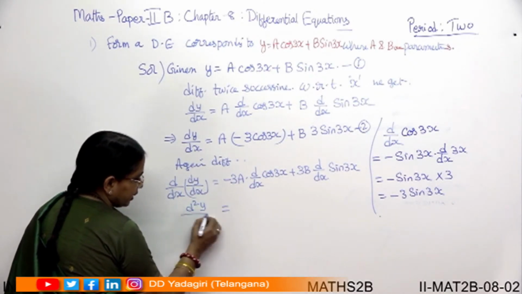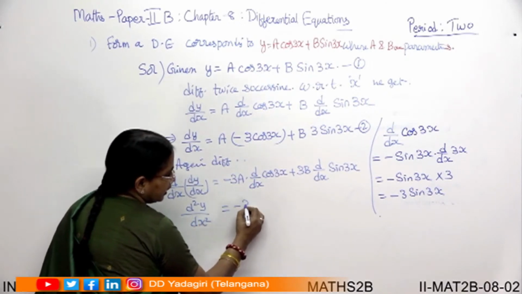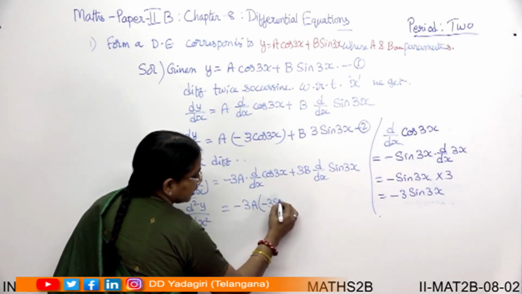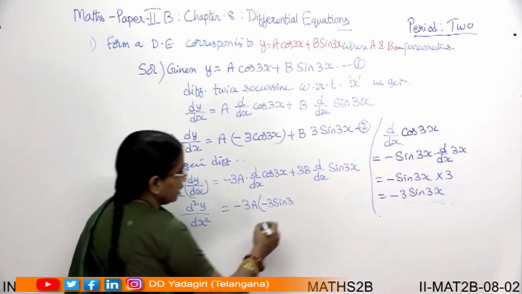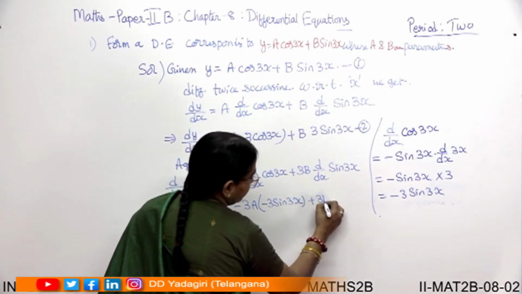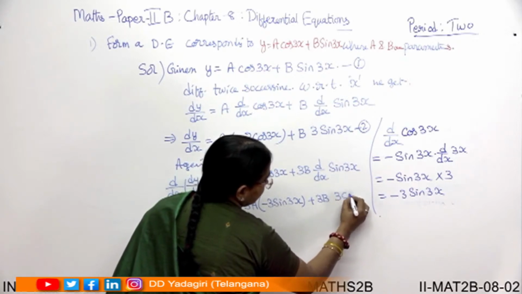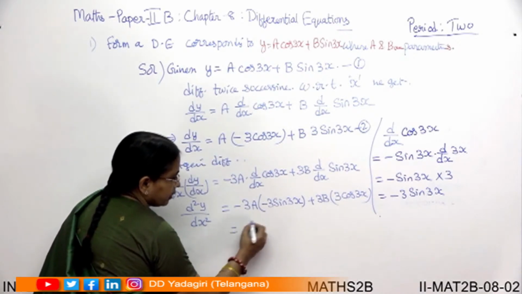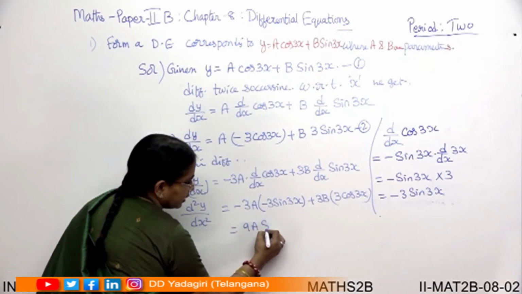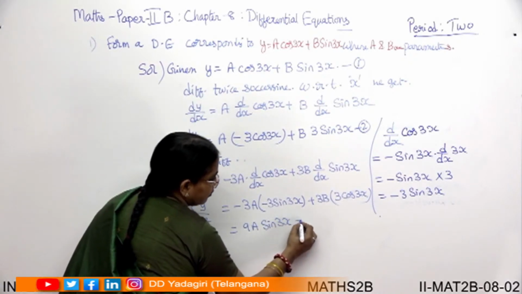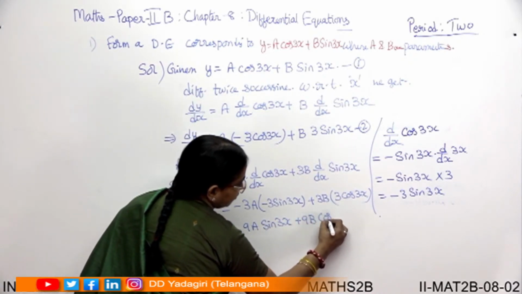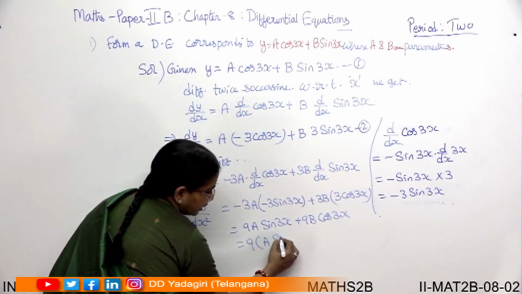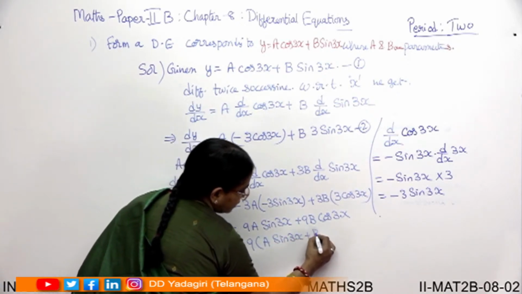This is d square y by dx square is equal to minus 3A into derivative of cos 3x, which we found now, so minus 3 sin 3x, plus 3B into, again, derivative of sin 3x is 3 cos 3x. Now we can make it 9. So 9A sin 3x plus 9B cos 3x. You can take 9 common, then it becomes A sin 3x plus B cos 3x.